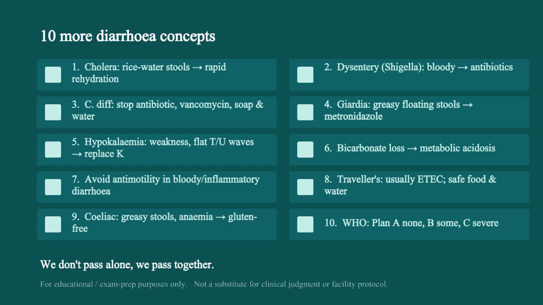Diarrhea can cause hypokalemia with weakness and flat T and U waves, and a normal anion gap metabolic acidosis from bicarbonate loss. Avoid antimotility drugs in bloody or inflammatory diarrhea. Traveler's diarrhea is usually ETEC, use safe food and water. Celiac disease gives greasy stools and anemia and needs a gluten-free diet.